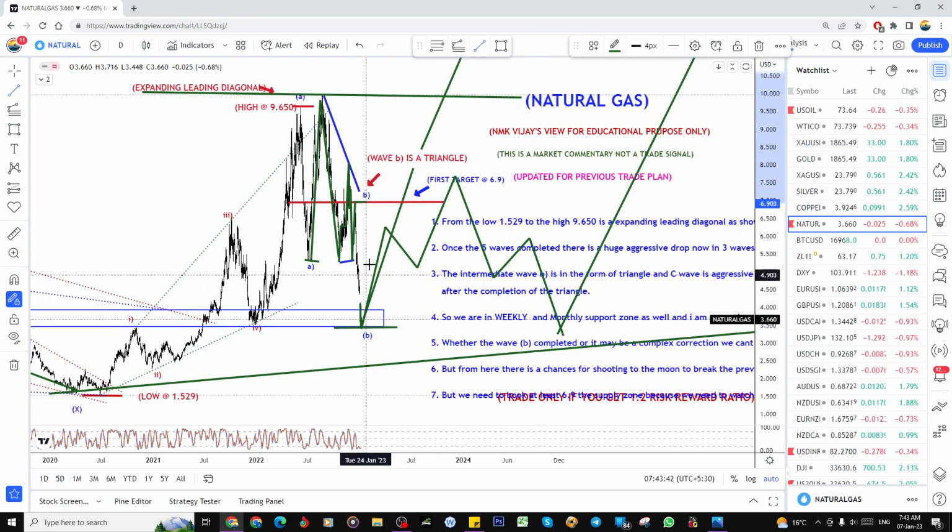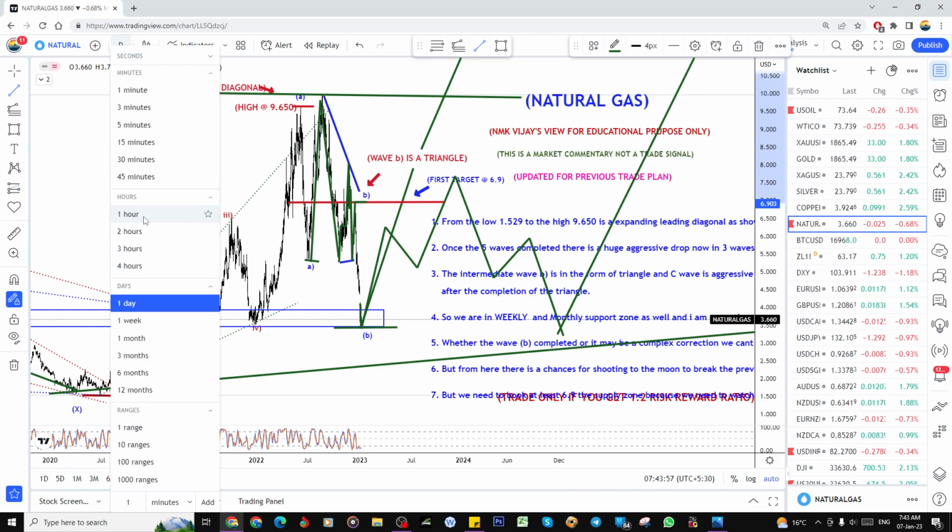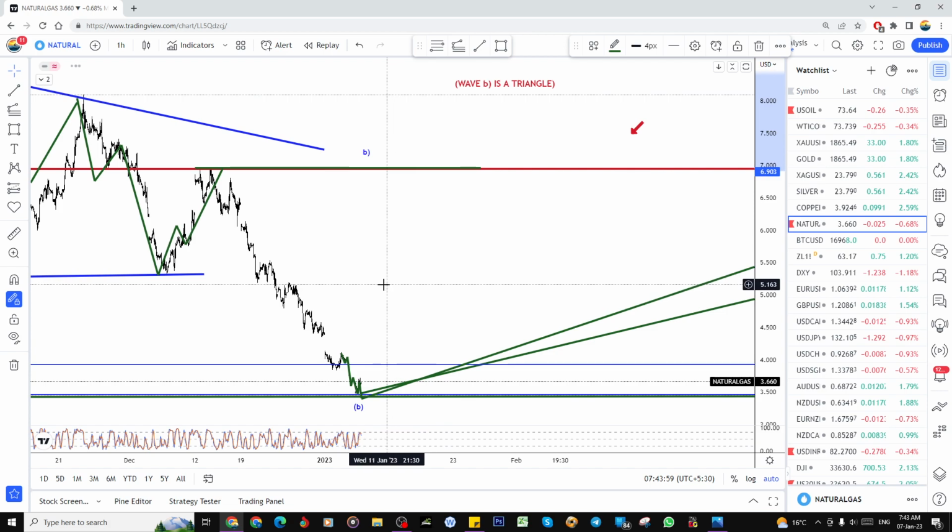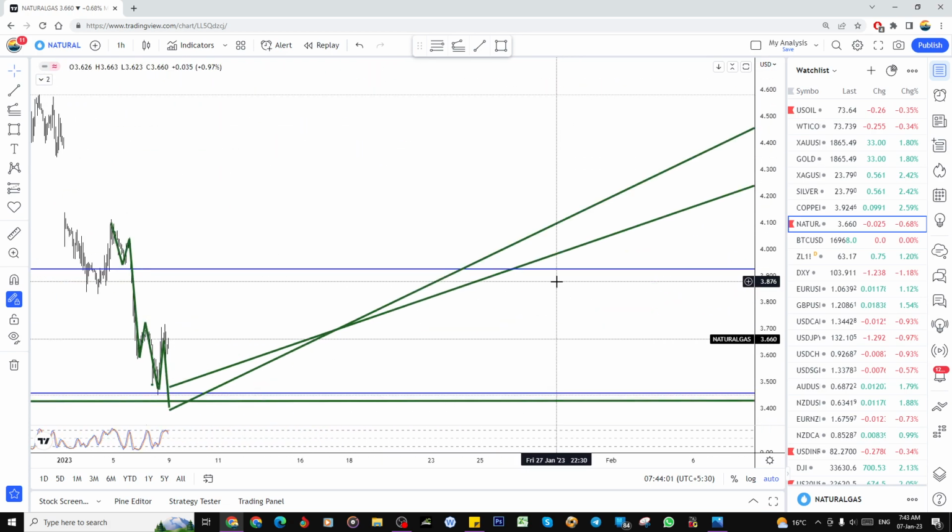So from here we need to look at that pattern. It's not simple, see, I'm holding the position. And this is the first time I did it in the IC market on NG. About the swap and commission, because I only took the position yesterday, I didn't know what kind of swap and commissions there may be.